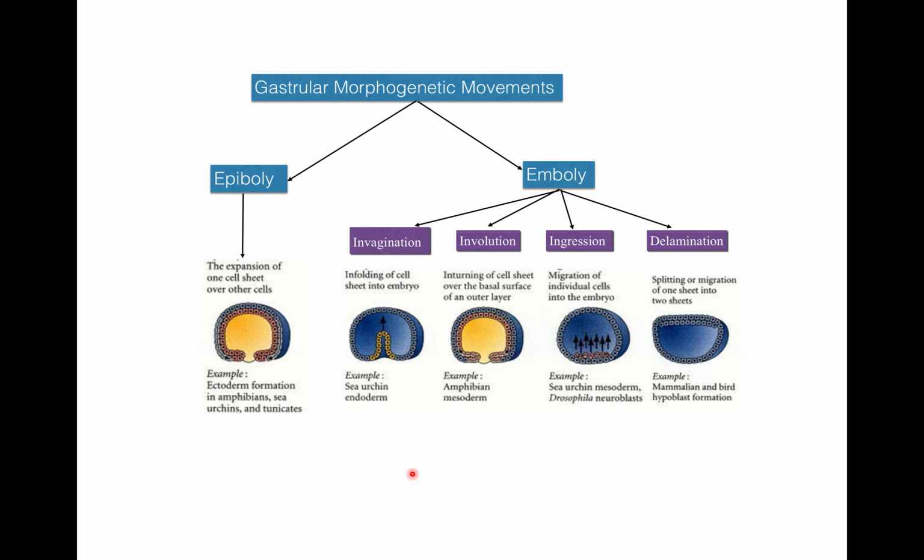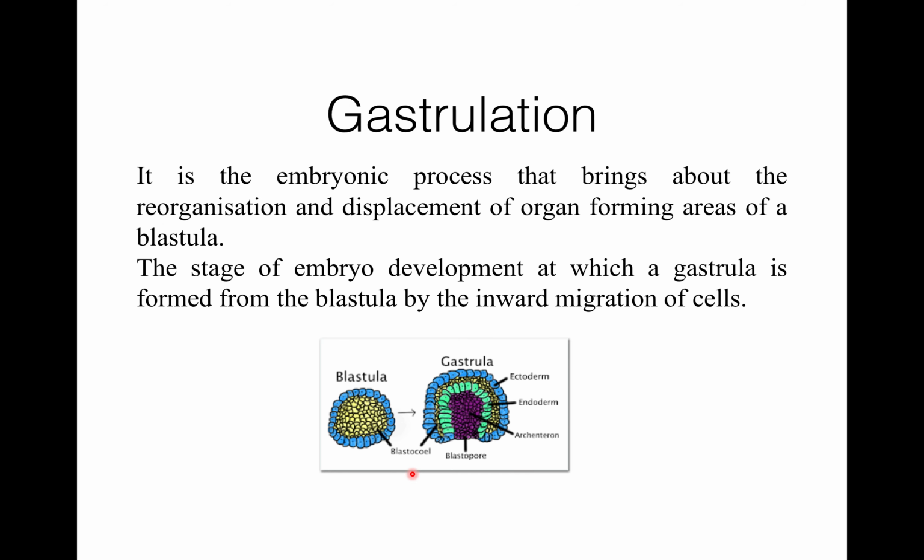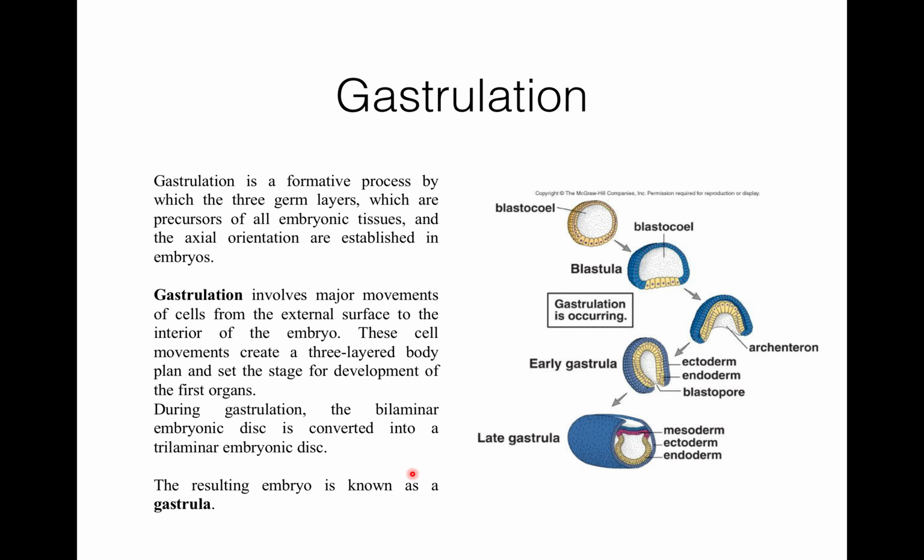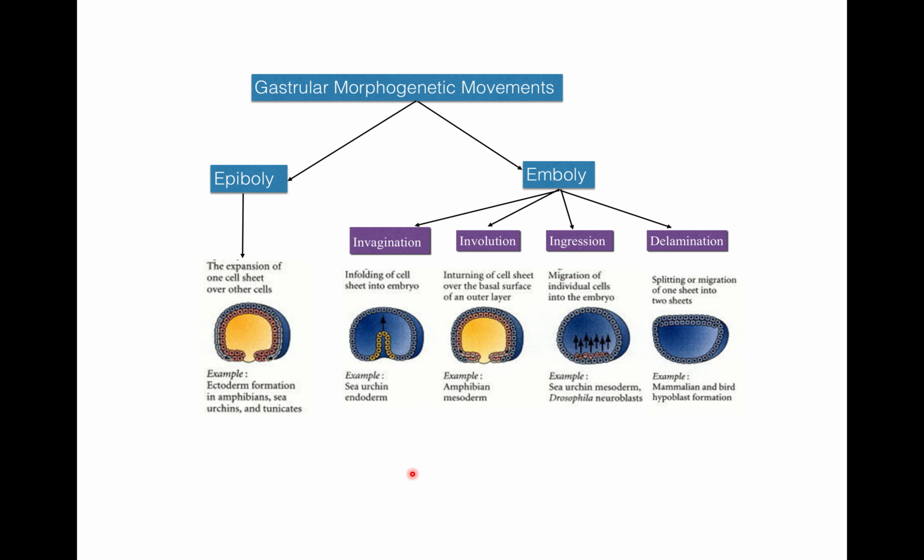So in today's lecture, first of all I discussed what is gastrulation, what is gastrula, and then there are five types of morphogenetic movements. Epiboly and emboly can take place by invagination, involution, ingression, and delamination.